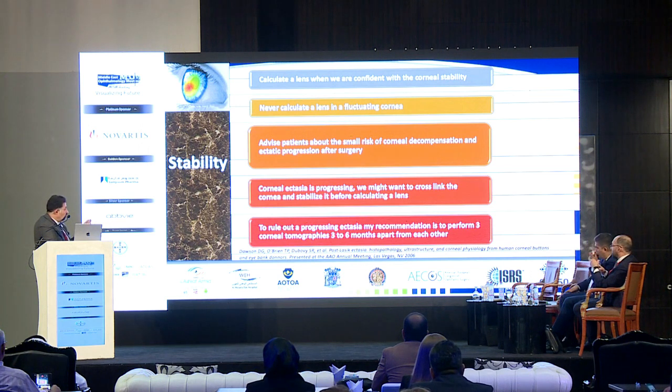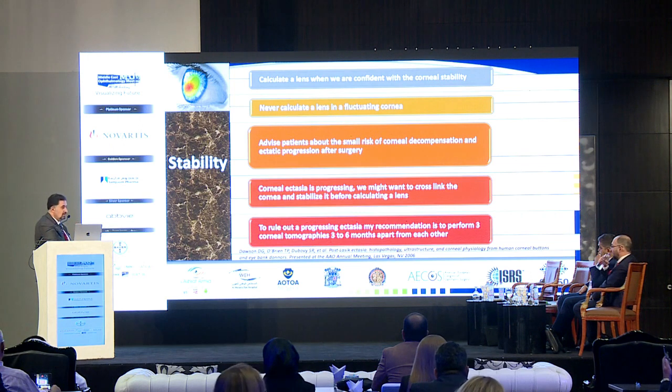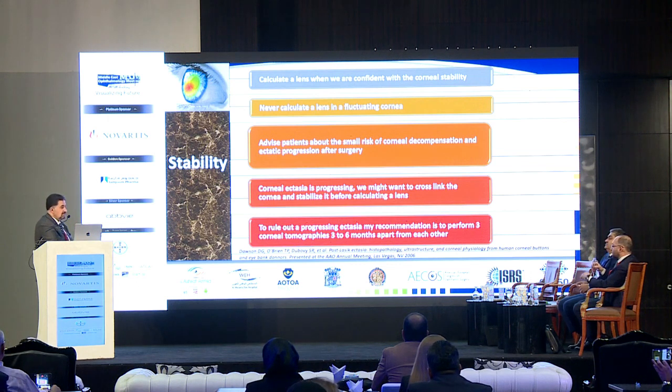And to rule out progressing ectasia, we recommend performing at least 3 corneal tomographies 3 to 6 months apart from each other. I stay from 1.5 years up to 2 years before I do any cataract or even phakic IOL. At least 2 years, because the effect of cross-linking can continue up to 2 years, and some papers said up to 7 to 10 years.